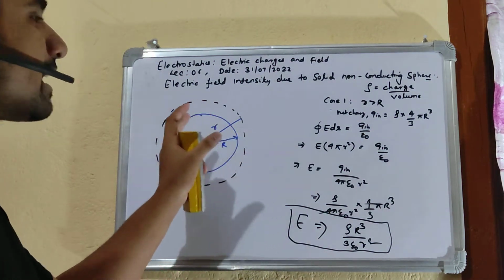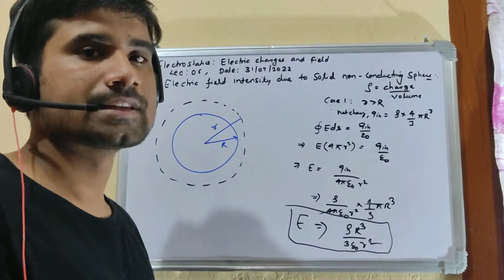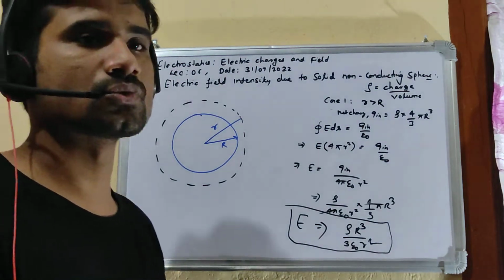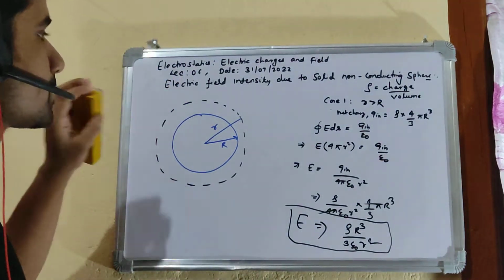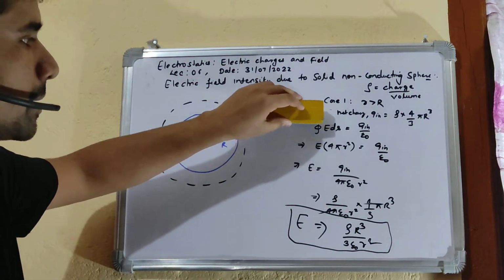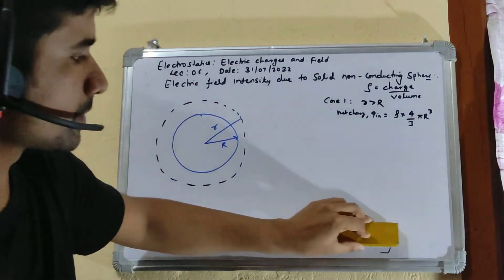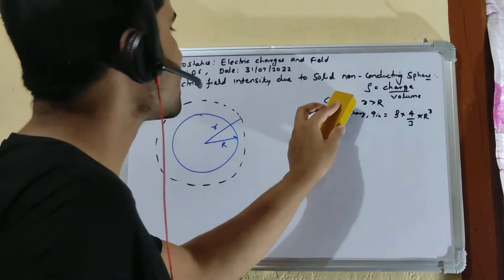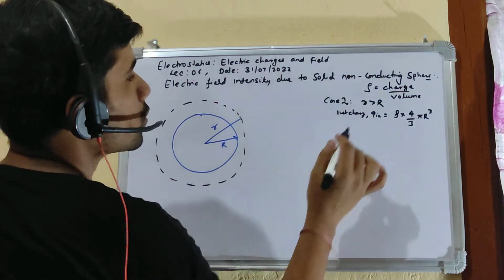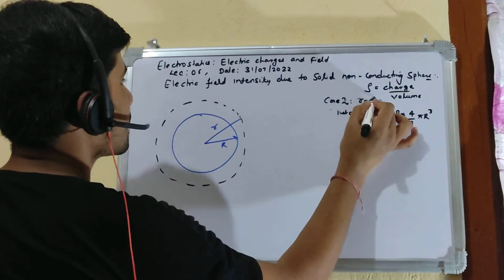Now what if this point is at the circumference, which basically means r is equal to capital R, right? Then what is the electric field intensity? This is our case 2. So let's discuss case 2. Maybe we can erase it from here and we can discuss case 2, which basically says r is equal to R, right?